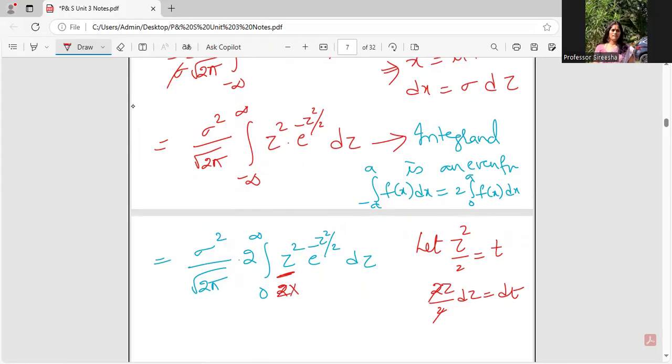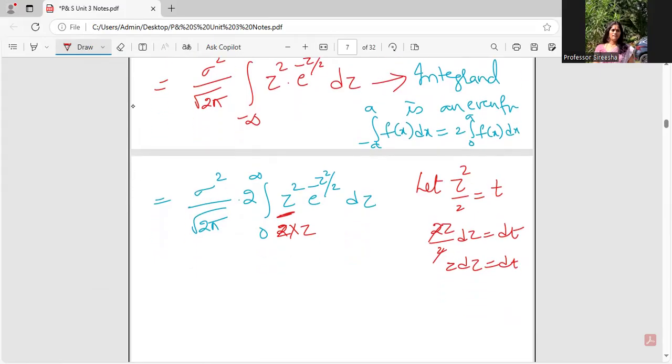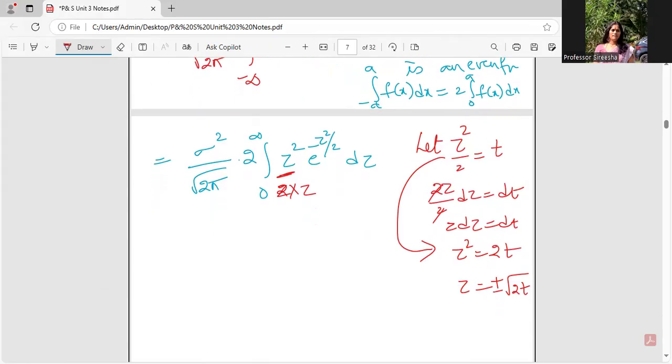So z into z I have to write. One z dz would be dt. Fine. But there'll be one more z, right? So I have to find the value of z as well from this equation. What's that? z squared is equal to 2t. z would be what? Plus or minus root 2t. Since I am taking the interval 0 to infinite, I'll be skipping this minus and going with only plus.